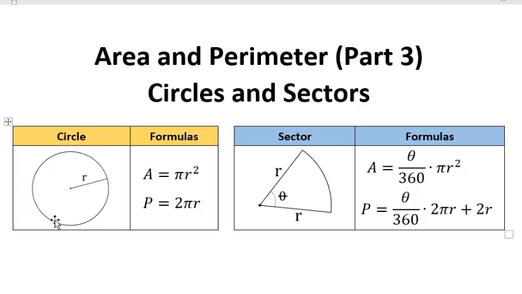The sector's perimeter involves the curve, which we find as a fraction of the circumference. That's why we have the fraction times 2 pi r. But we also need to add this side and this other side. They both have the same measure, which is r, so it's basically like adding r twice. That's why you have this plus 2r. That's the explanation for the formulas, okay?